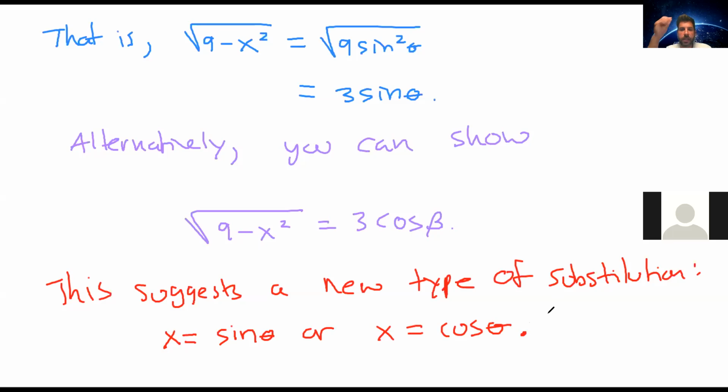So notice I'm being very careful with my words. I'm saying it suggests. Because as we saw with the substitutions before, the change of variables, it's not enough just to replace the variable. You also have to make sure you don't cheat with the differential, the dx.